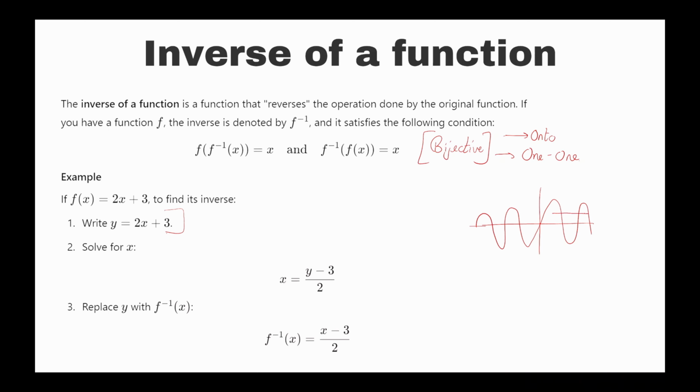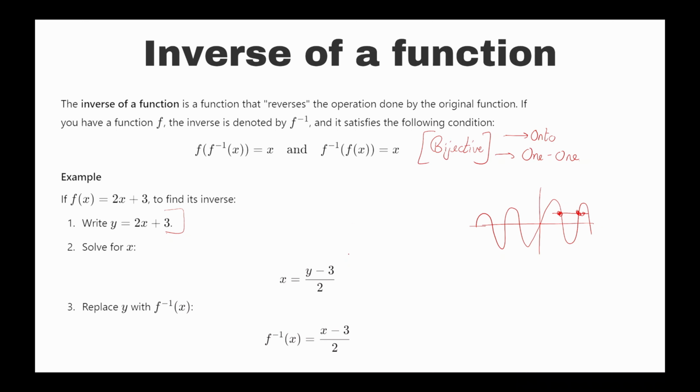Because at two values of x, I'm going to get the same value of y. That means it is a many-one function. So then how can I define the inverse of sine? And in fact, there is another chapter as well, inverse trigonometric functions, where we study only the inverse of those trigonometric functions. So how can I define this?